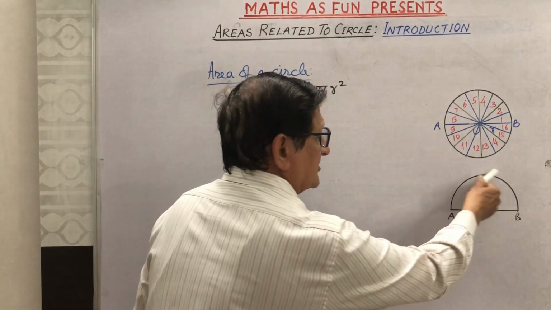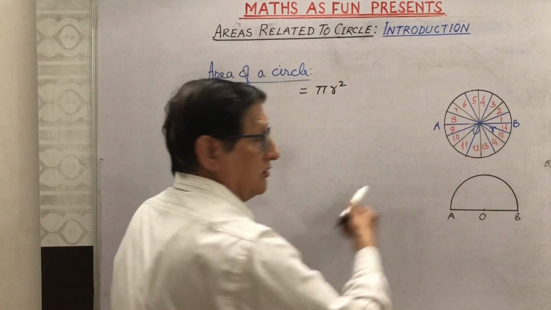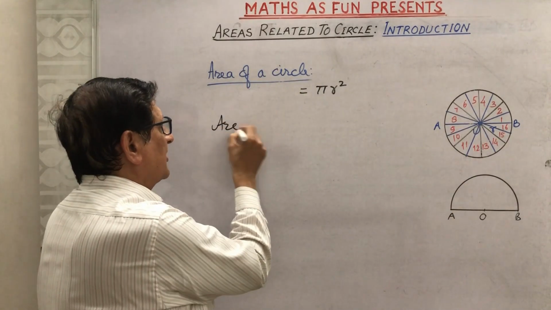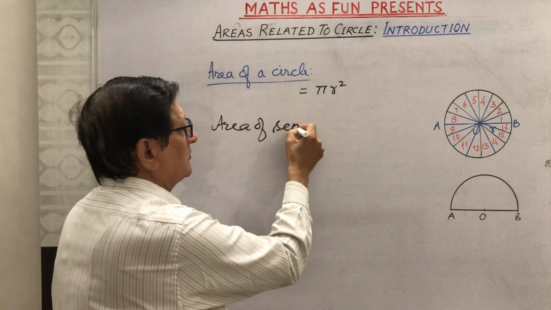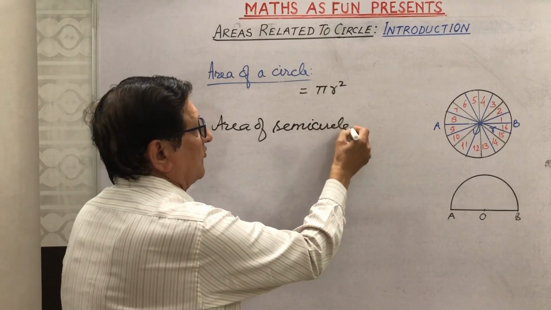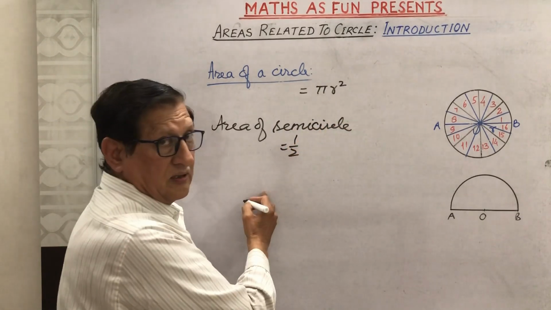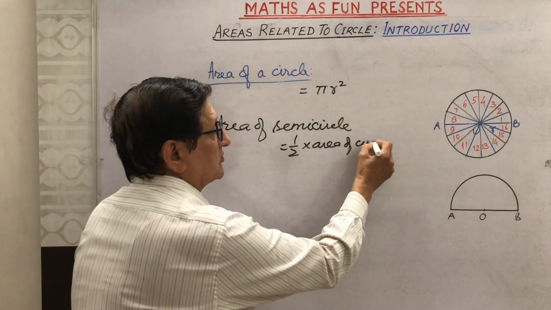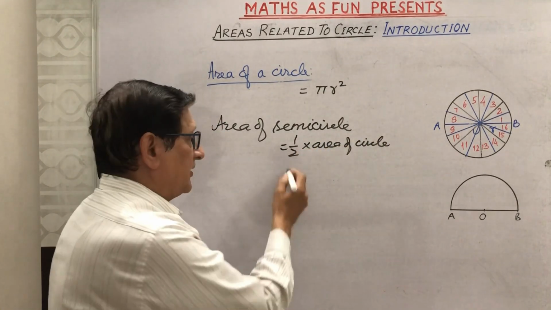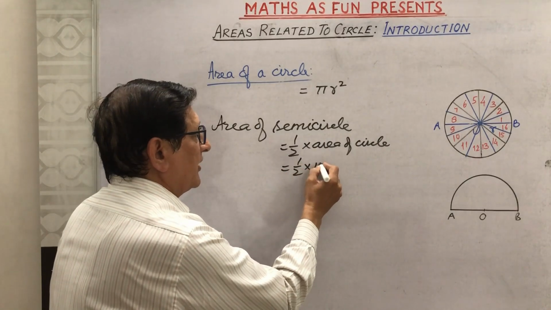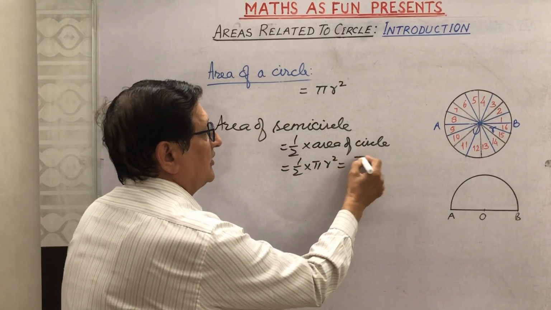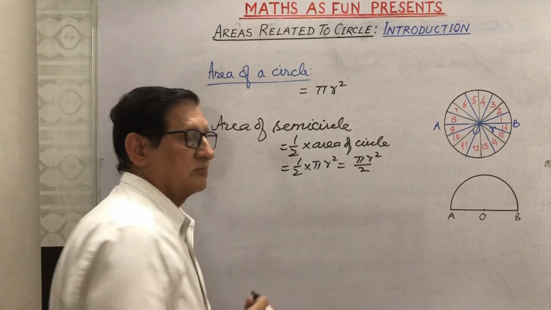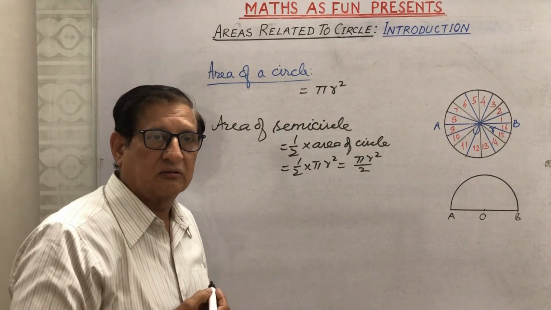As we know, a semicircle is half of the circle, it means the area of the semicircle will be equal to half of the area of the circle. That will be half into pi r square, or we can say pi r square by 2. That is the area of the semicircle.